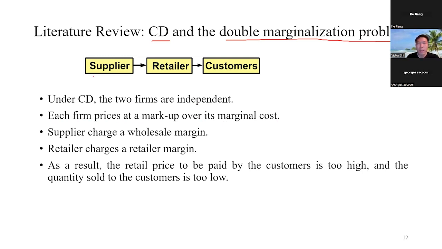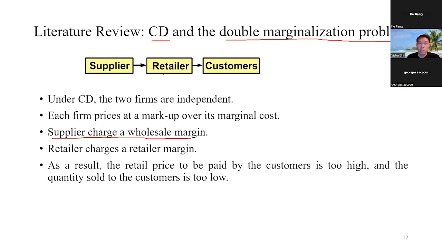Say the supplier produces this product at $10 per unit. I will sell to the retailer at, say, $15 per unit, so the supplier charges a wholesale margin of $5 per unit.